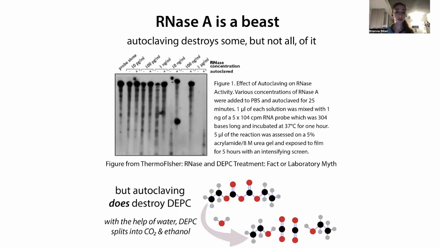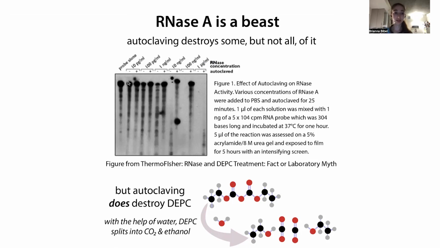This can be a really big deal for nucleic acids, especially RNA, because there's RNase A, a really robust nuclease that can degrade RNA. Here you can see they were testing the ability of an autoclave to destroy RNases.